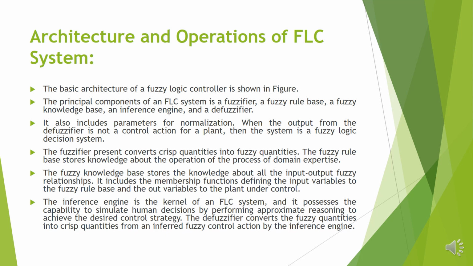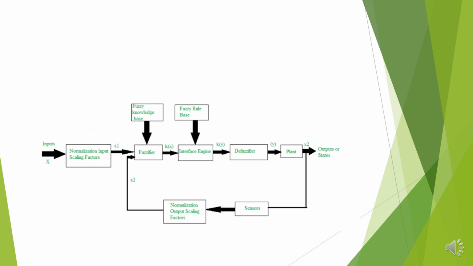Coming to the block diagram of the fuzzy logic control, that is the FLC, you can see the input is given to the normalization input scaling factors, and it is scaled, like x1 as the input set and x2 as the output set.